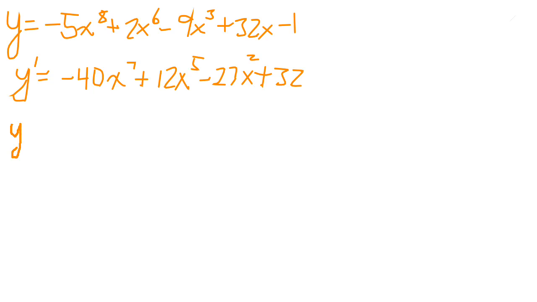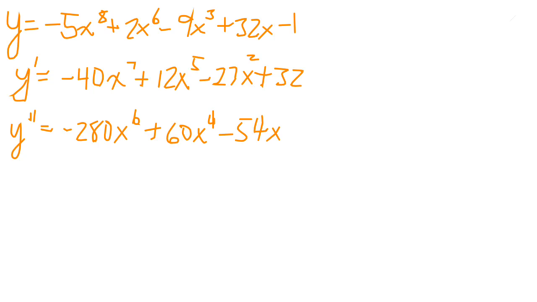The second derivative. The 7 comes down to multiply. I get negative 280 x to the 6th plus 5 times 12 is 60 x to the 4th minus 54x. The derivative of 32 is 0, so I'm finished there.